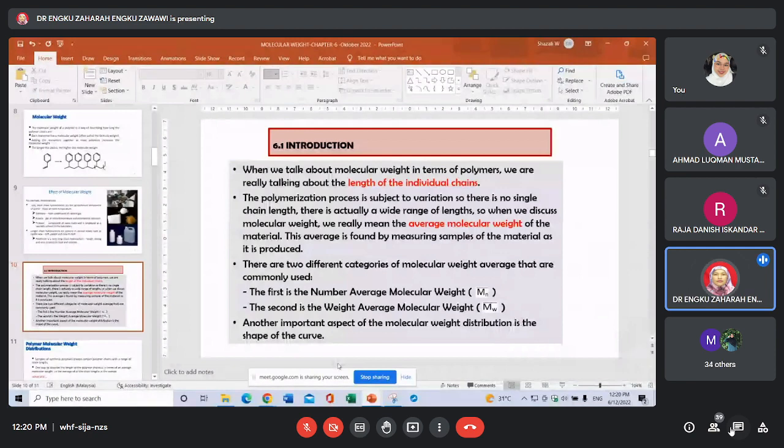Alright. So when we talk about the molecular weight of a polymer, actually we are talking about the length of the individual chain. But in the production of polymer, there is a range of lengths. So we actually discuss the average molecular weight of the material. This average is found by measuring a sample of the material as it is produced. There are two different categories of molecular weight.